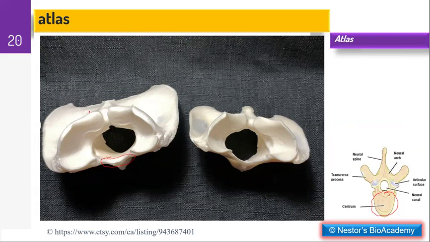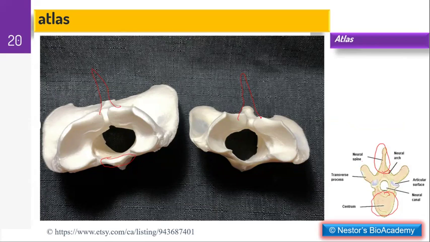And then also if you look at this other end, we were having a large bony projection we refer to as the neural spine. You look at the atlas and you realize we do not have a pronounced neural spine there. That's why we are saying that the neural spine is significantly reduced, or rather, the atlas bone does not really have a neural spine.